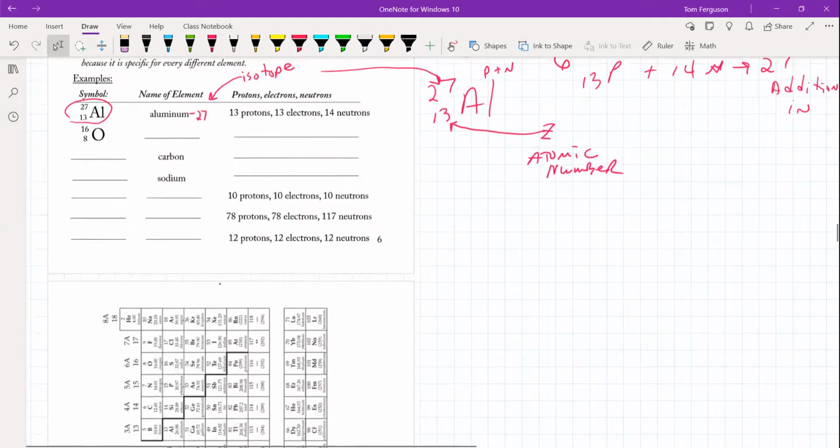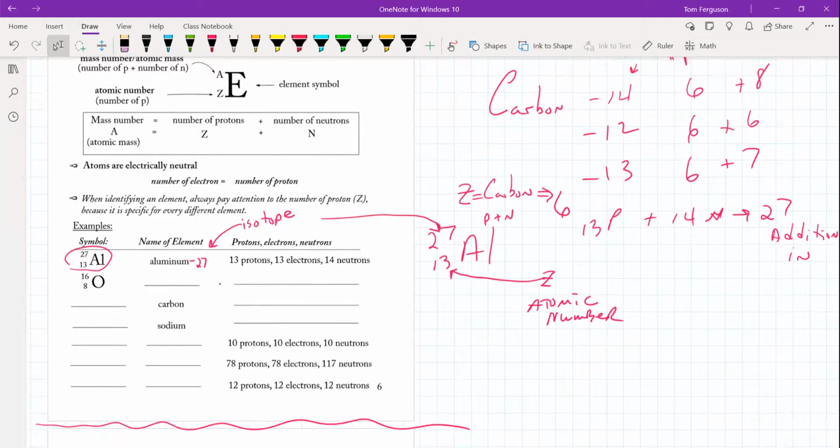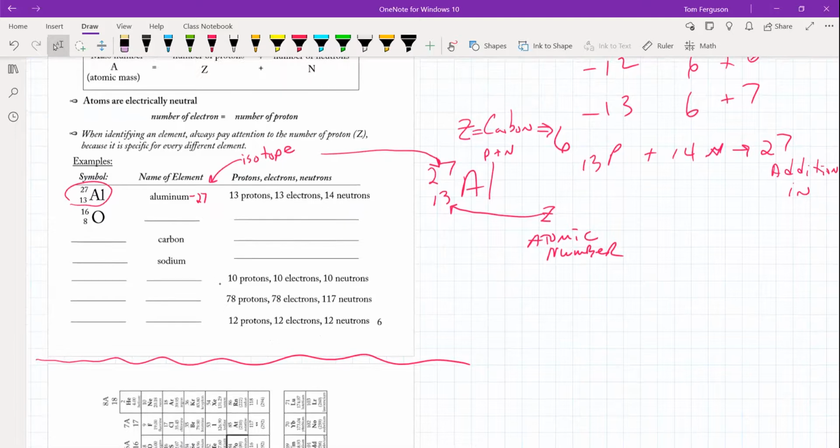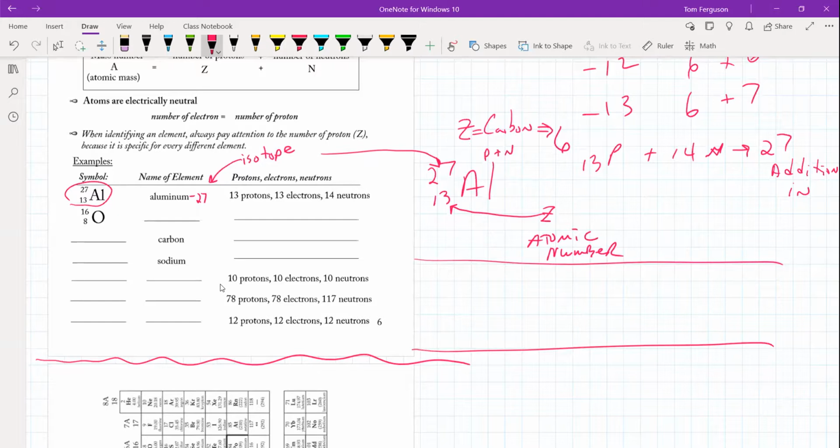Actually, what we're going to do is we're going to stop right here. I'm going to go over these examples here. Let me just summarize what I just told you.